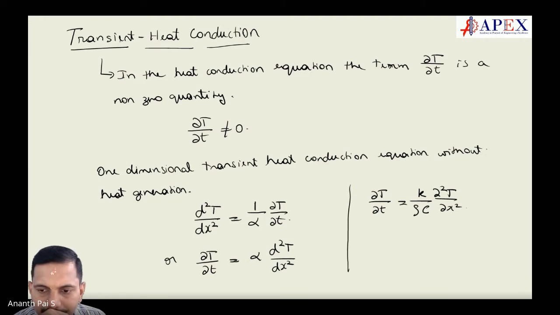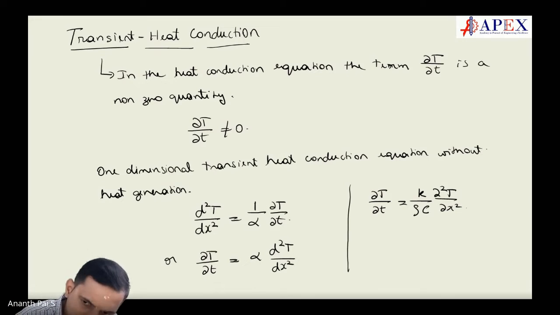Now we have to understand this. When K is big, dou T by dou t is faster.